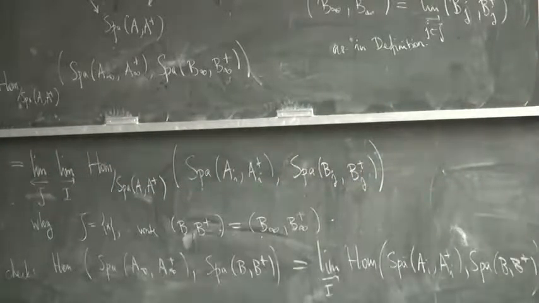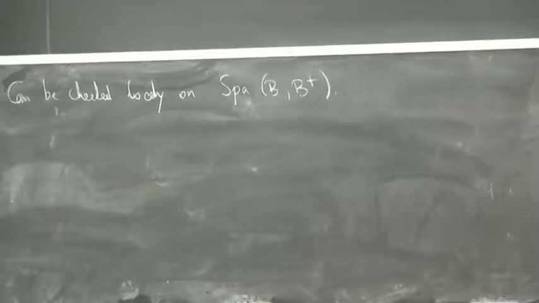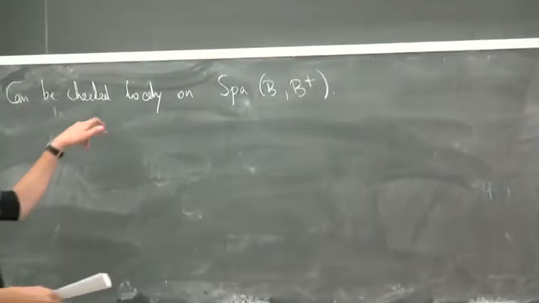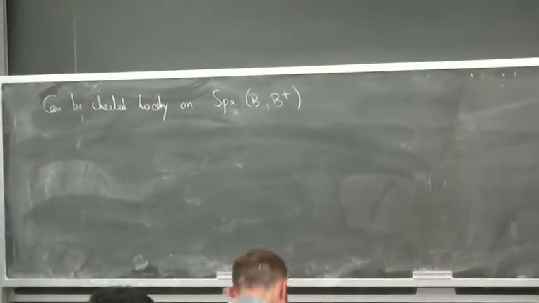And so this can be checked locally on B, B plus. And so we can reduce to, so we had this definition of what an étale morphism is. This one which is locally a composition of open immersions and finite étale morphisms.